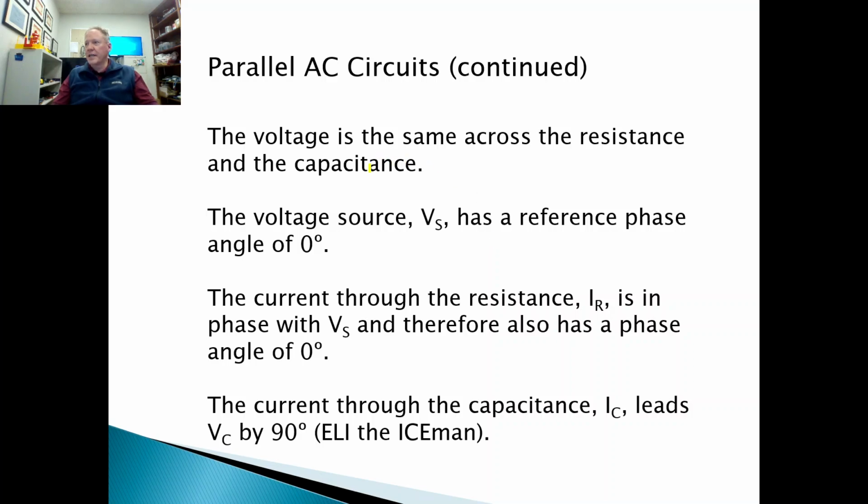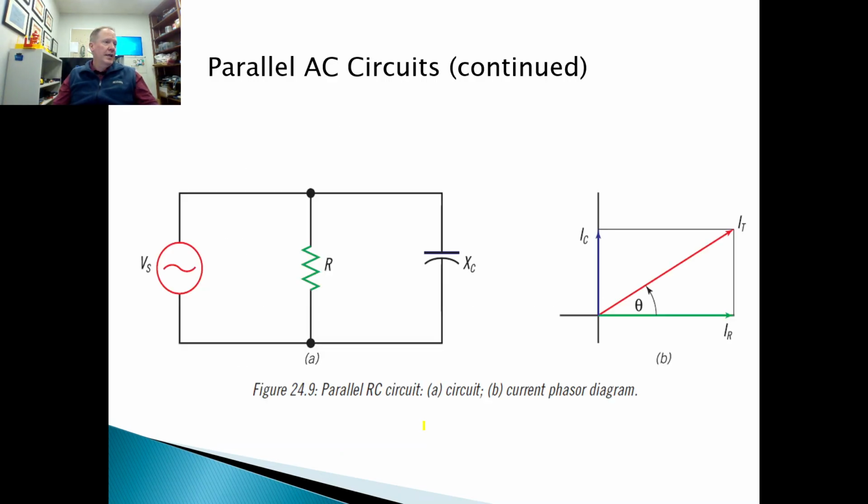So the voltage is the same across the resistance and the capacitor. The voltage source has a reference phase angle of 0. So the current through the resistance, IR, is in phase with VS and therefore also has a phase angle of 0. The current through the capacitor, IC, leads VC, right, ICE man, and then the current through the inductor lags the voltage.